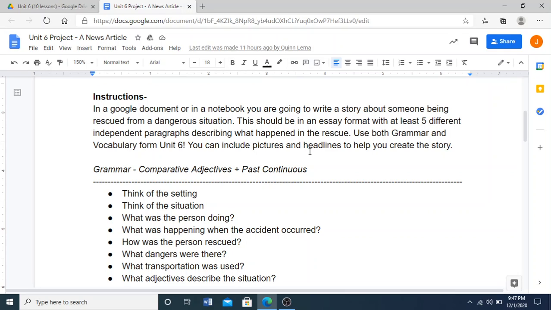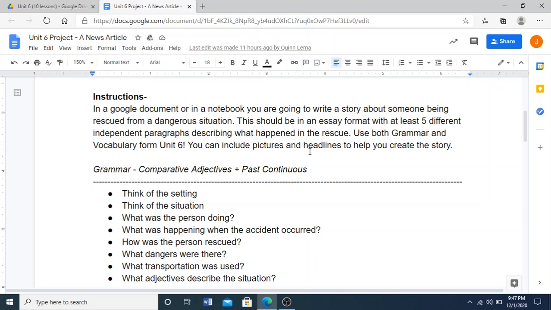So you remember what you're writing is a newspaper article. Usually in newspaper articles, you have a title, and of course you can add pictures and headlines in order to make it more interesting, more visual, so that the readers can engage freely with what you have written.